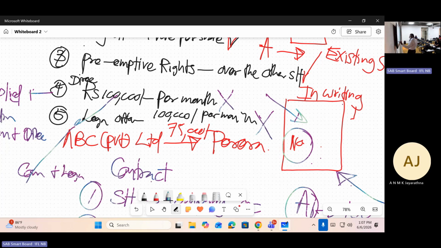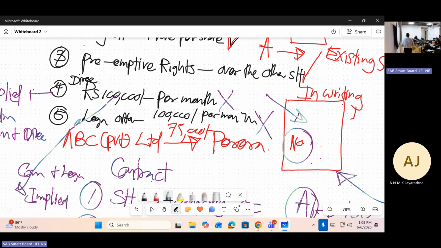Then this provision can be treated as an implied term. Therefore, if a provision is not mentioned in this agreement between these two parties, then these terms can be attributed.